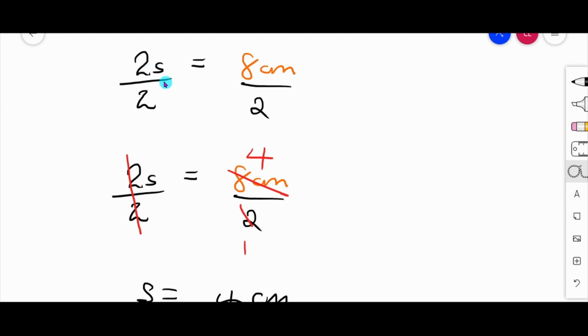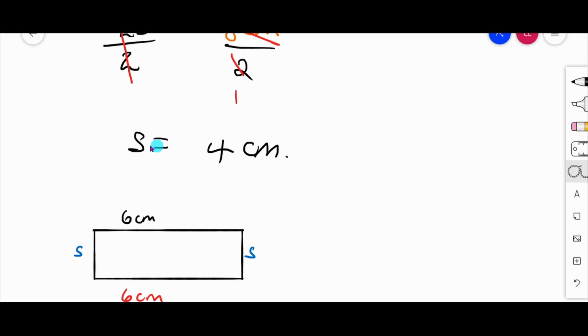So what I will do again, I will divide this side by 2 and divide this side by 2. 2 will cancel 2, leaving me with S, and 2 will go into 8 4 times. 2 into itself 1 time, 2 into 8 4 times. Therefore, one side is equal to 4.